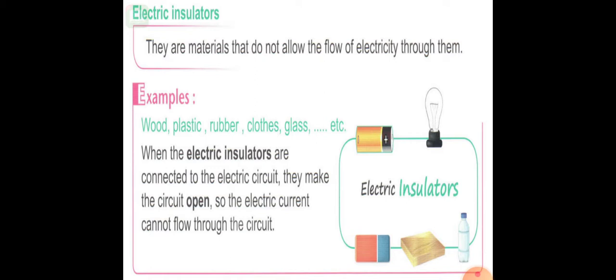It becomes an open electric circuit, so the electric current cannot flow through the circuit. So the electric insulators are the materials that don't allow the flow of electricity through them, such as wood, plastic, rubber, clothes, glass.